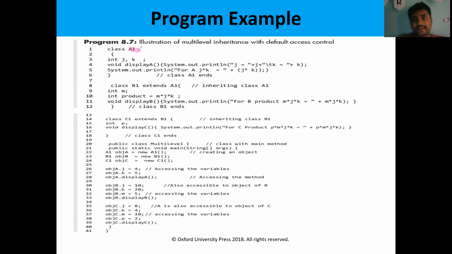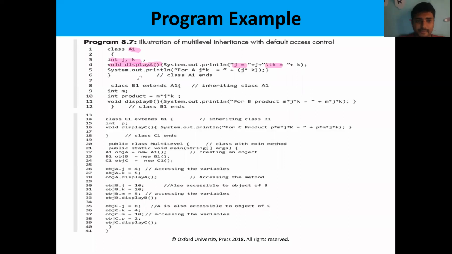We are defining A1 as a class. We are going to declare the class variables J and K. Then we are creating the method display A, and we are going to print the J value and K value.